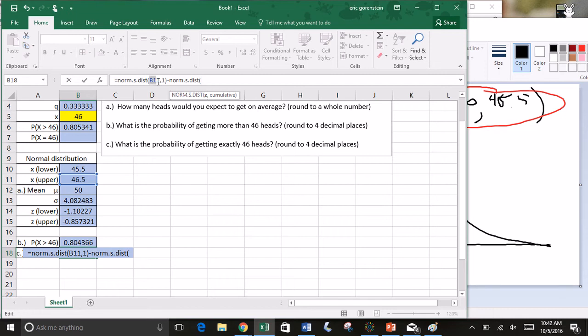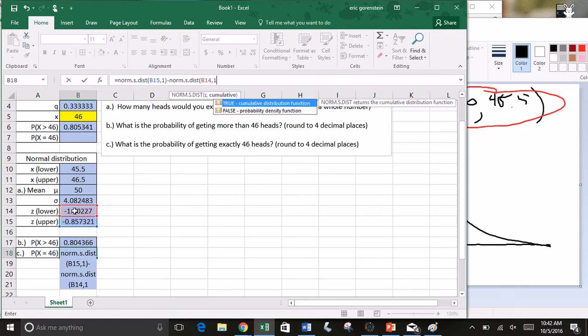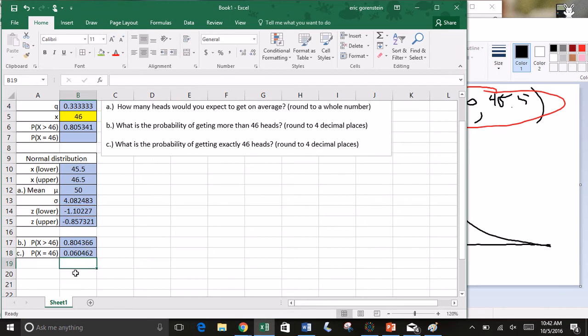The upper limit should be B15. That's the z-score corresponding to 46.5. And over here, the lower limit will be B14, which is the z-score corresponding to 45.5. Okay. So that should be the probability that x equals exactly 46.